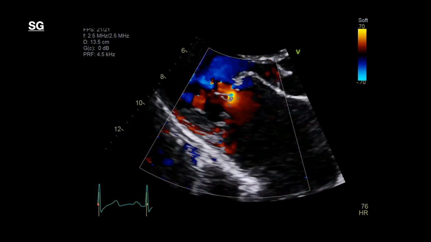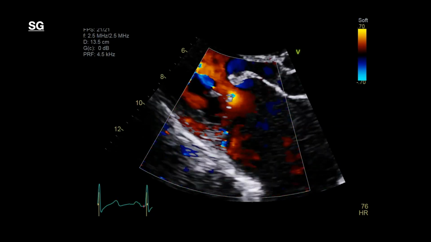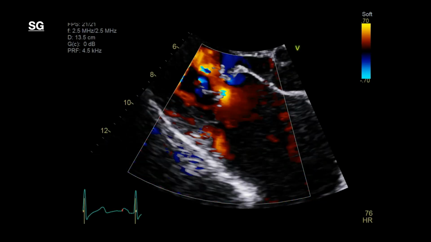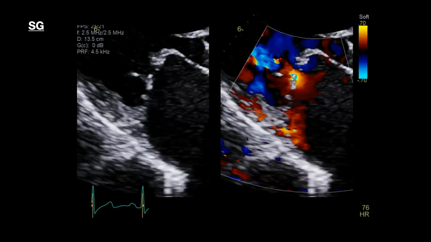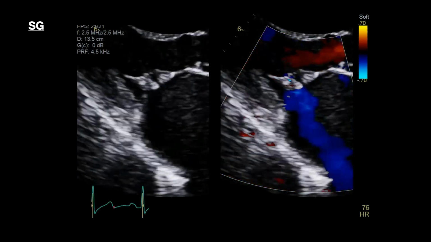And here's another image of the same things. Zoomed in even further. And sometimes it's helpful to look at images side by side as well.